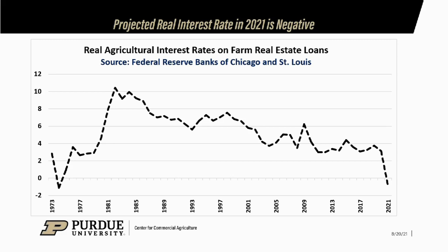Having said that, should somebody investing in land today count on that negative interest rate? Of course not. You typically think about interest rates in a more long-term fashion, but nevertheless, it is an important factor impacting land values currently.